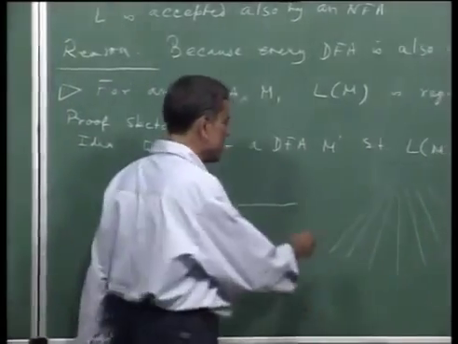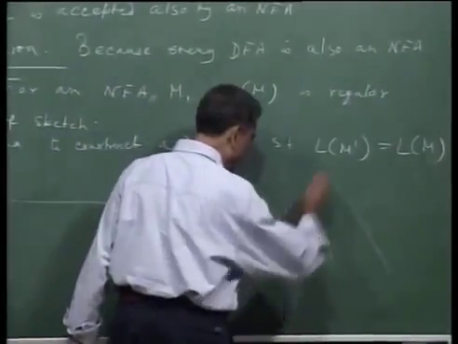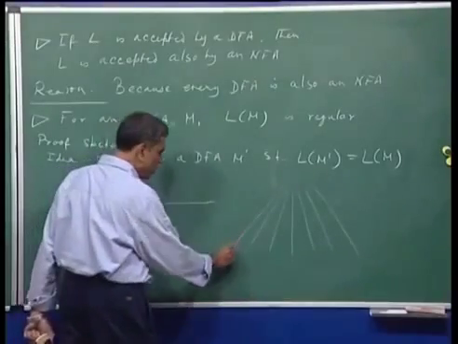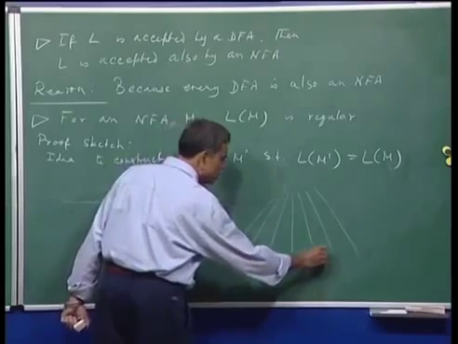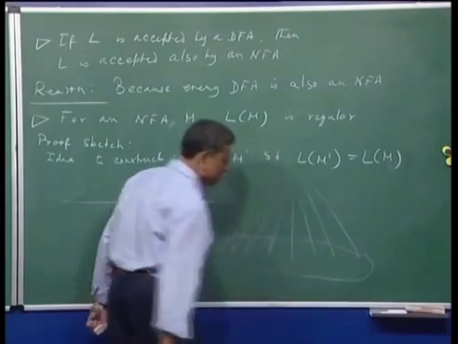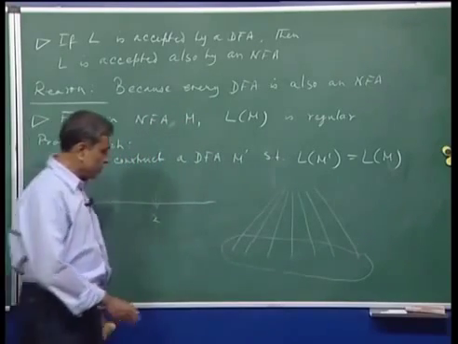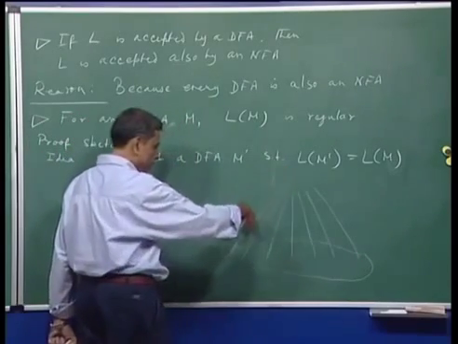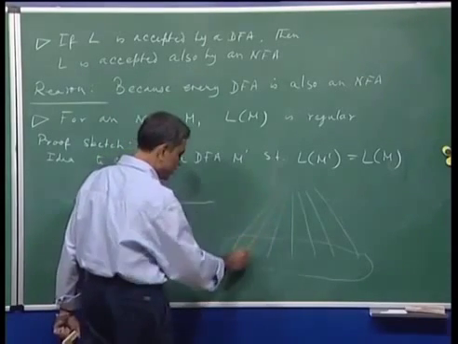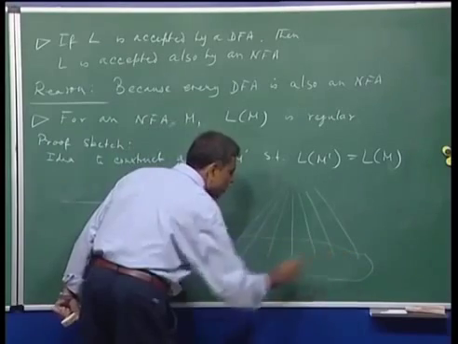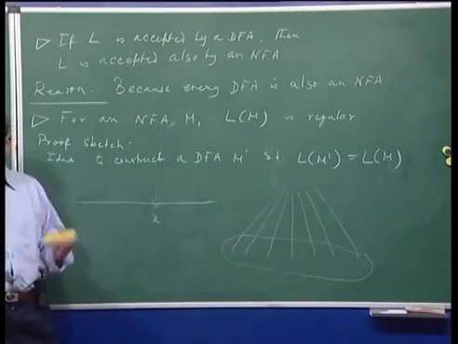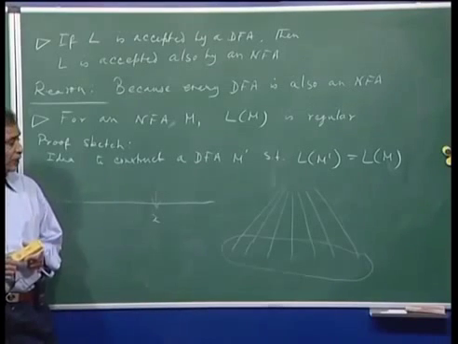Then you would say, okay, it is not really necessary to keep track of all these computation paths. Why not keep track of this sequence? That is, if it had taken this path, then it would have been in this state on X, and had it taken this path, in that state. So, this will be a sequence of states. Can we keep track of that in the finite states of a DFA?